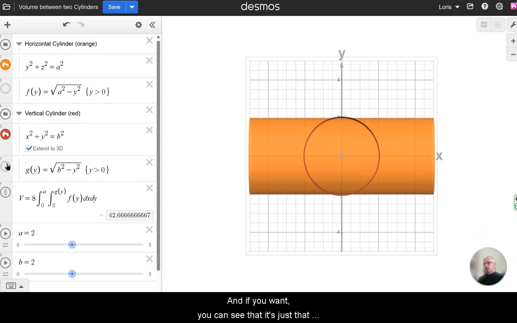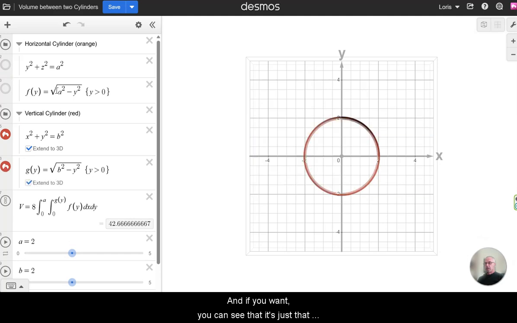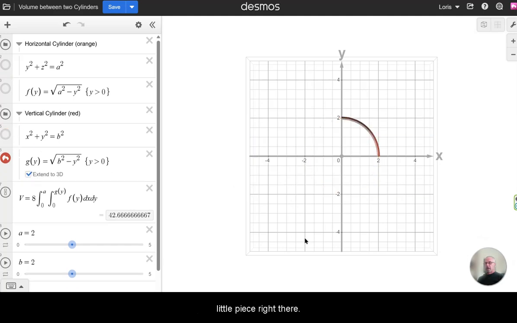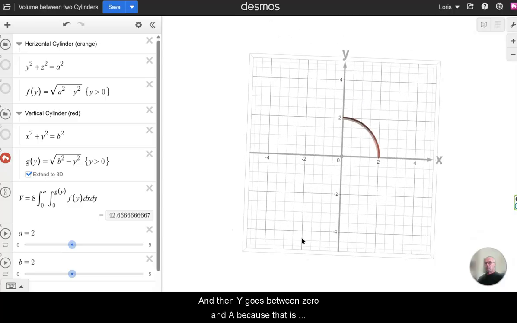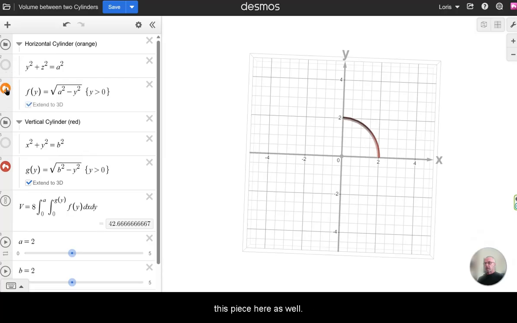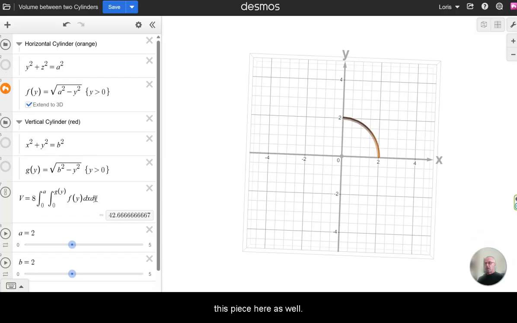And if you want, you can see that it's just that little piece right there. And then y goes between 0 and a, because that is this piece here as well.